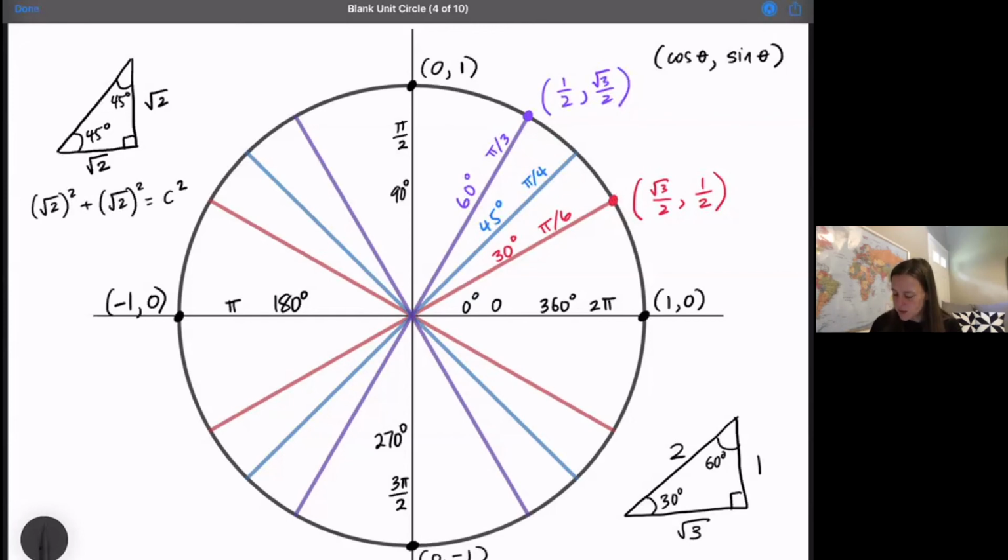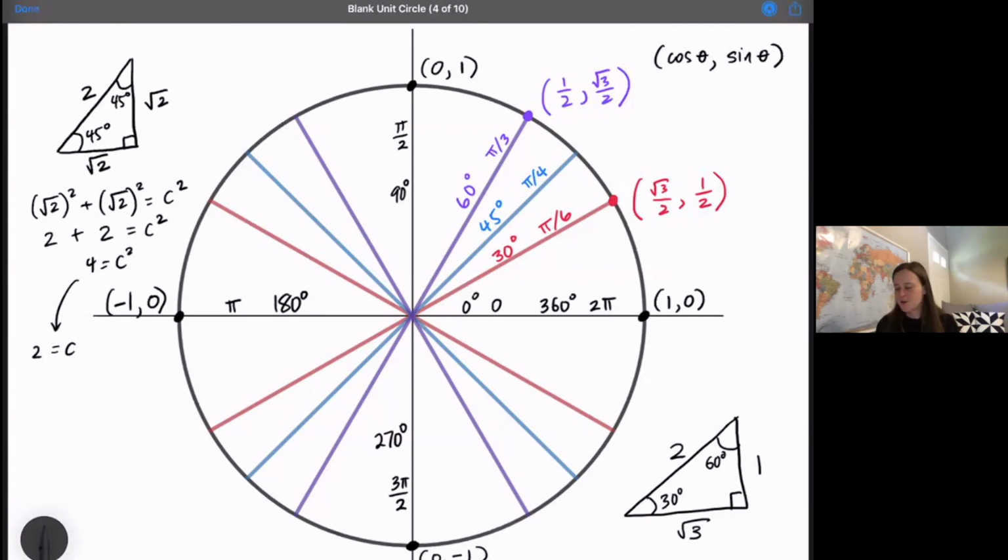Square root of 2 squared is 2, and again 2. And you get c squared equals 4, or that c is equal to 2, if I take the square root of both sides. So you get the same hypotenuse of 2 on this triangle if you make this rather clever and weird triangle that has root 2 as its side lengths.